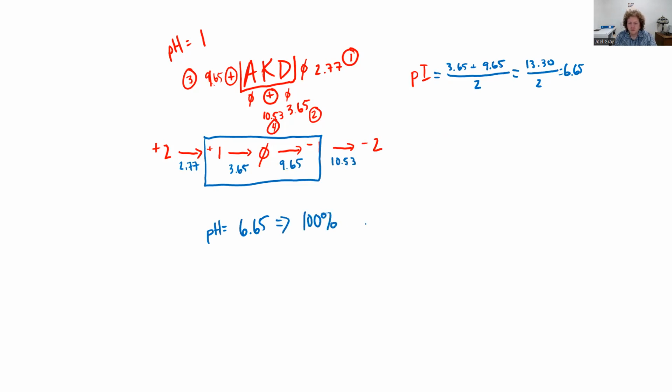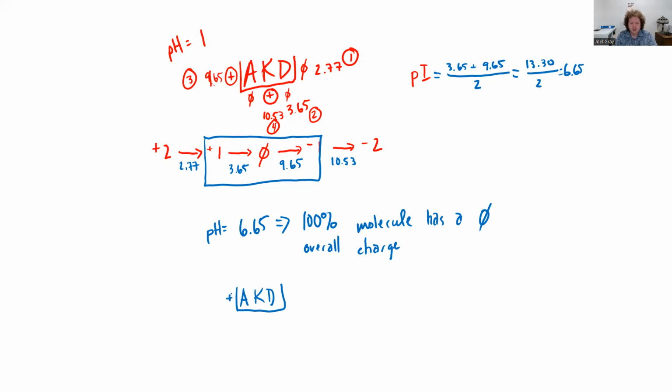What that means is that 100% of this molecule has a 0 overall charge. One way to look at that is to think about which of my ionizable groups are deprotonated, and where my charges are actually going to be found. Although the overall charge is 0, there are still charges on this molecule.